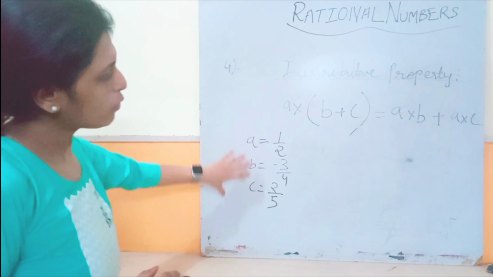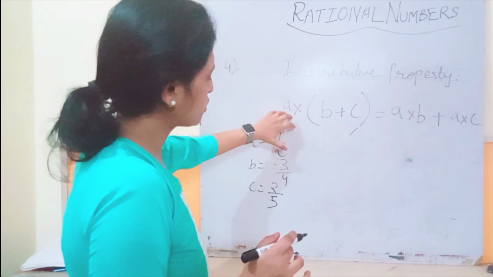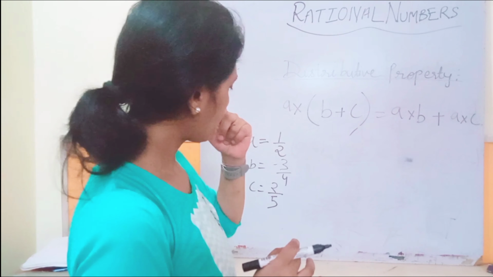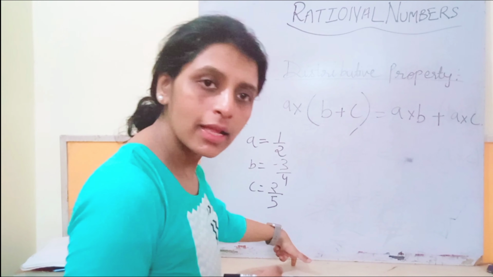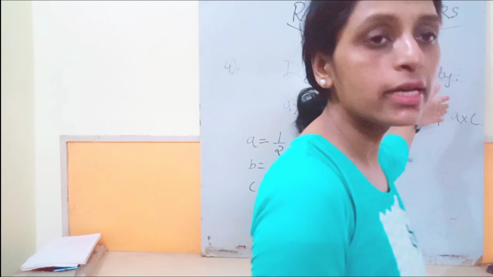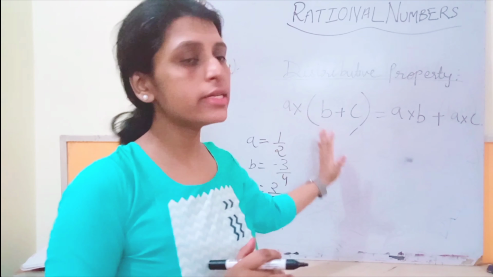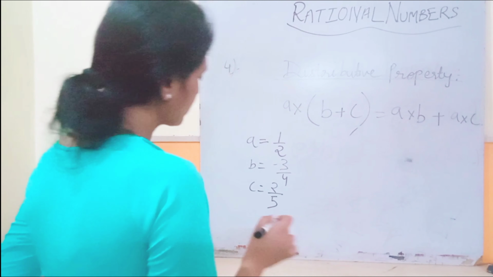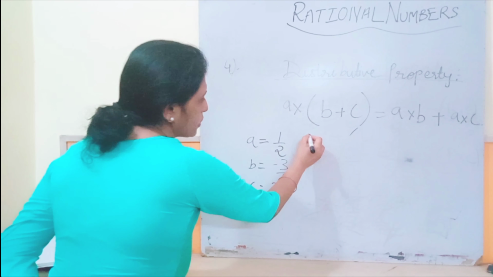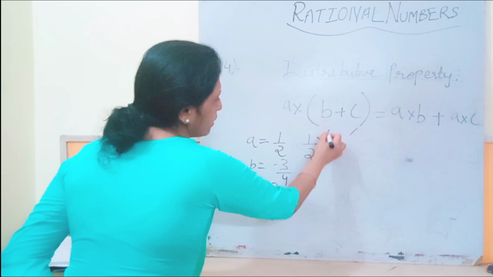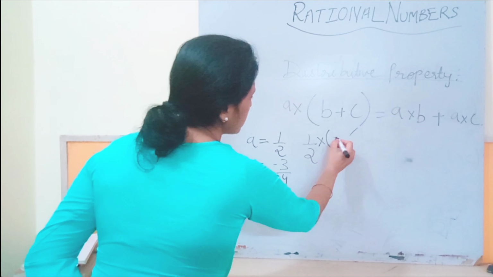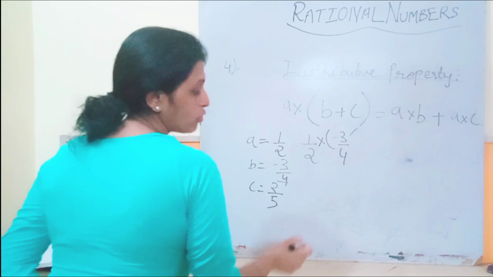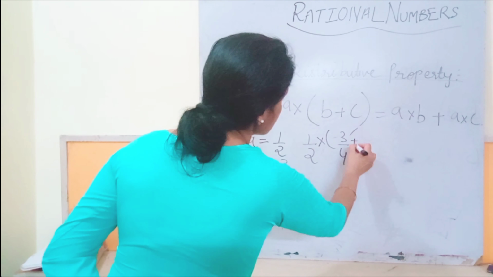Now what are we going to do? We are going to substitute these values in place of A, B and C. First we will solve the left hand side and then we will see whether the left hand side answer is equal to the right hand side or not. So now see, A is here 1 by 2 multiplied by, in bracket, in B's place we write minus 3 by 4 plus 2 upon 5.